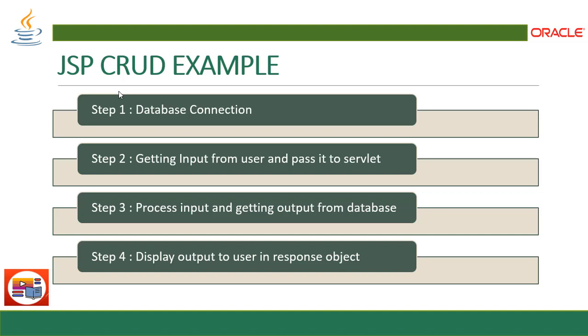Third, process the input and get output from the database. Suppose we have an authentication type of service where the ID, username and password have to be validated. In that case, you can use that piece of code in your step 3 for the JSP CRUD example, and the fourth step will display the output to the user in a response object.